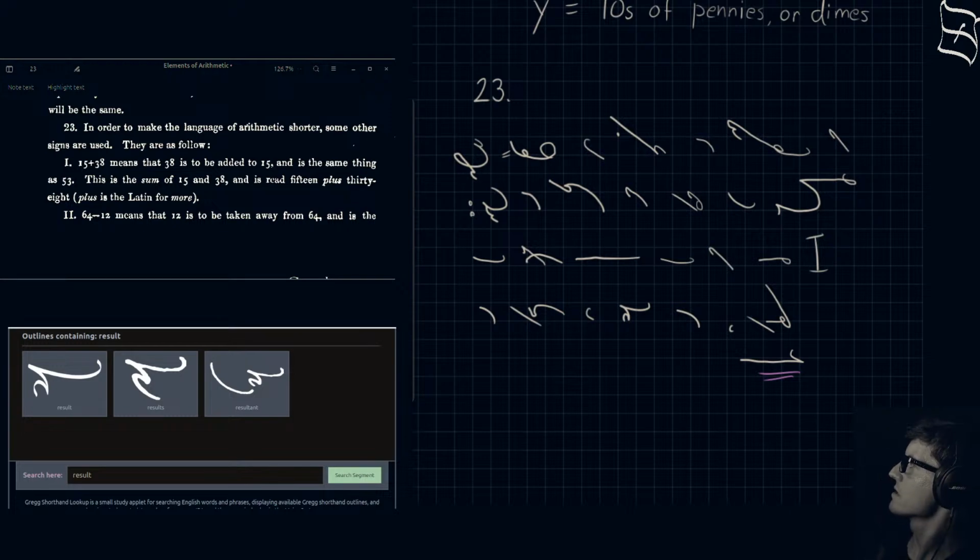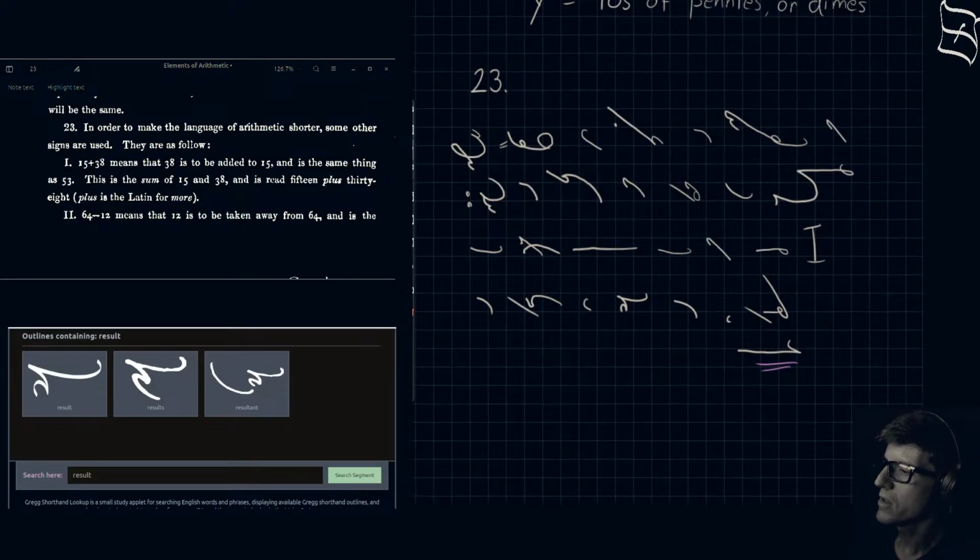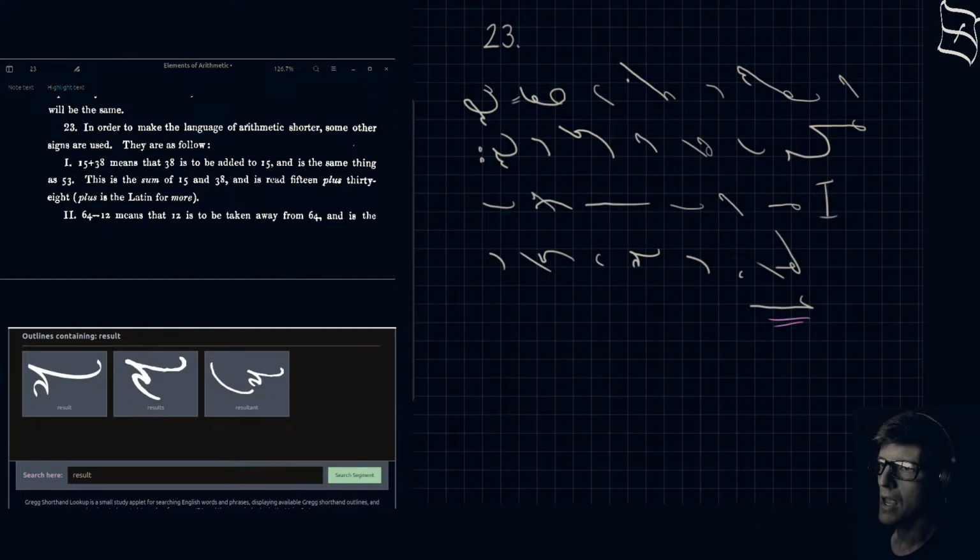For italicization, we show that using underlining, okay? The result is called the sum, and that's the end of the sentence there for sum.